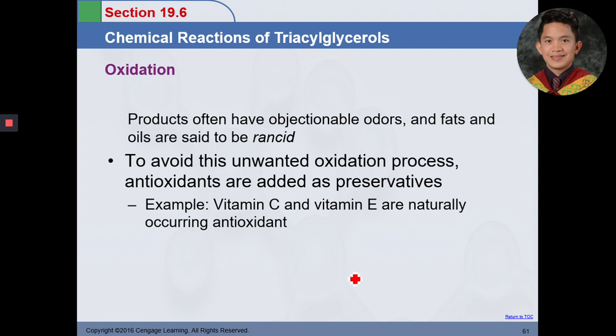Now, oxidation is what happens when people sweat and develop an unpleasant odor, because as we all know, sweat contains oils, correct? When these oils are subjected to oxidation, they result in the formation of short chain aldehydes and short chain carboxylic acids.